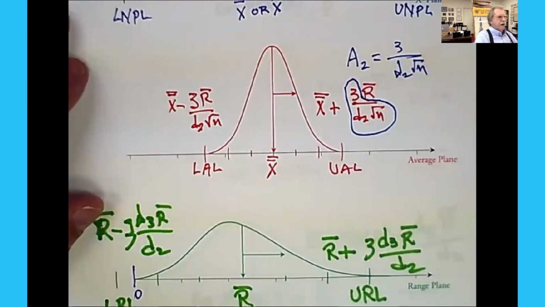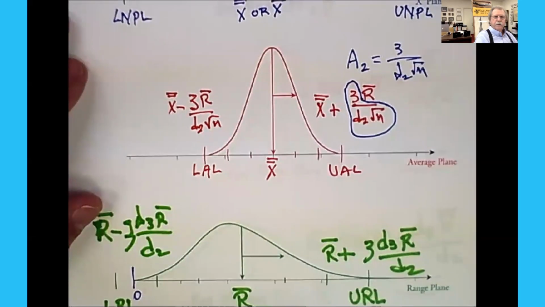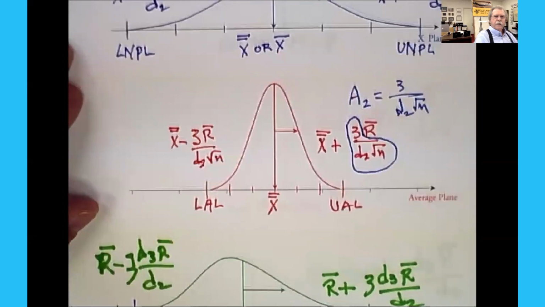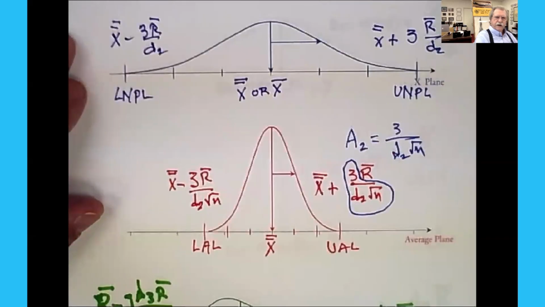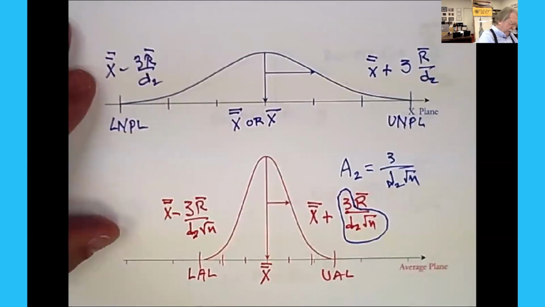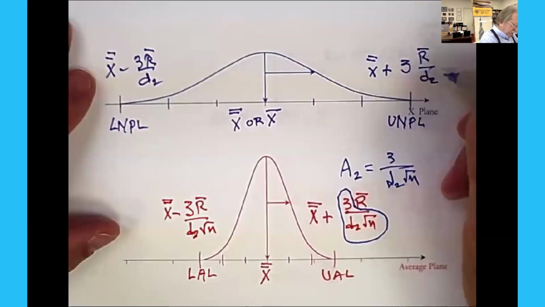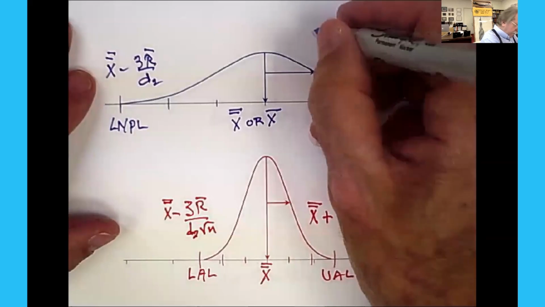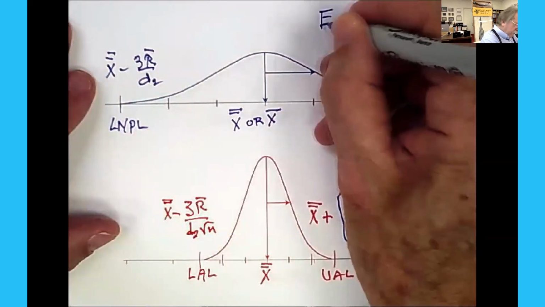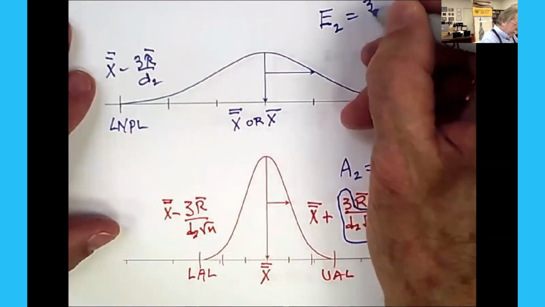That's your A2 scaling factor. And up on the chart for individual values on the X plane, take everything multiplied by R bar. We call that capital E2. That's 3 divided by D2.